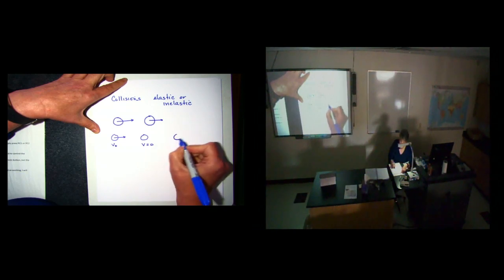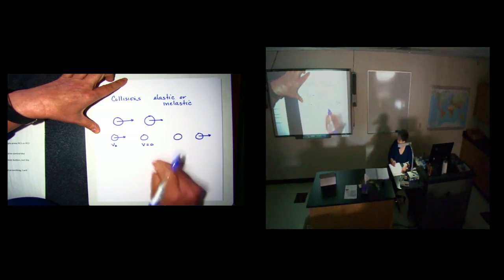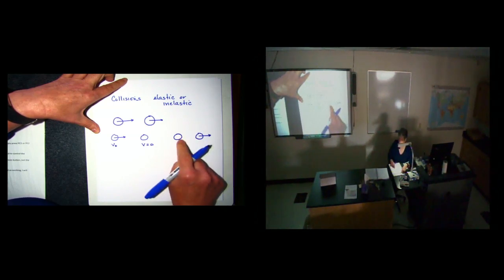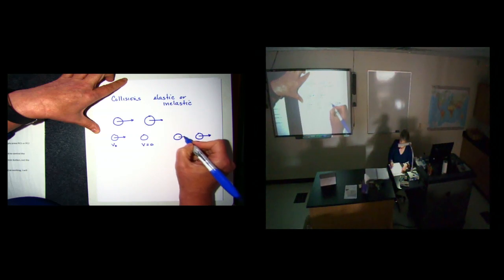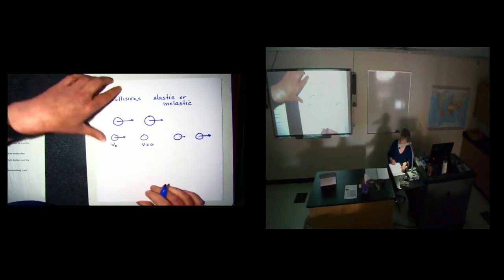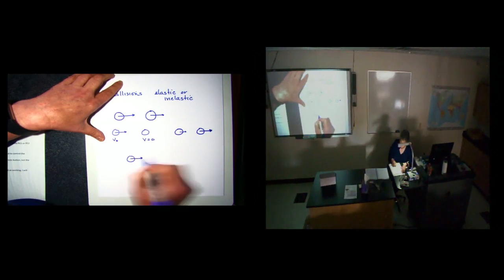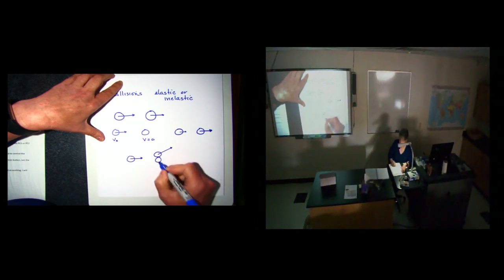We also did things like a collision with 2 objects, and these would bounce off. We also had things like an explosion with pieces that would bounce off in various directions. Those were the kinds of collisions that we have previously worked with and dealt with.